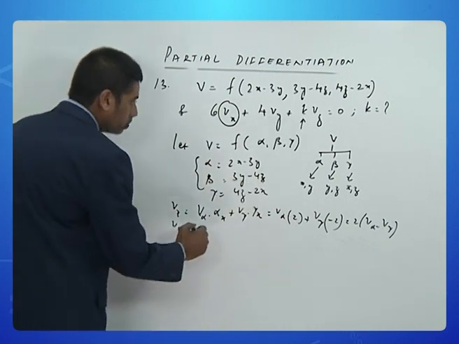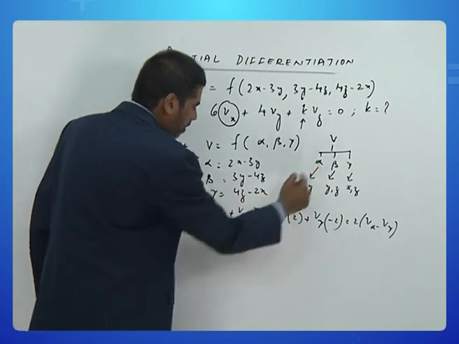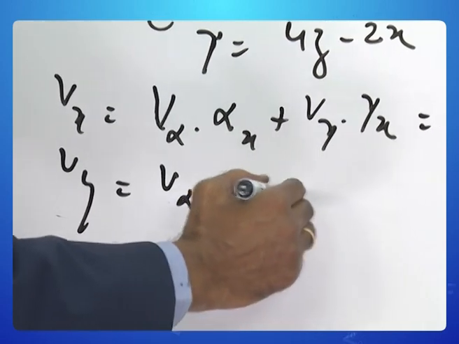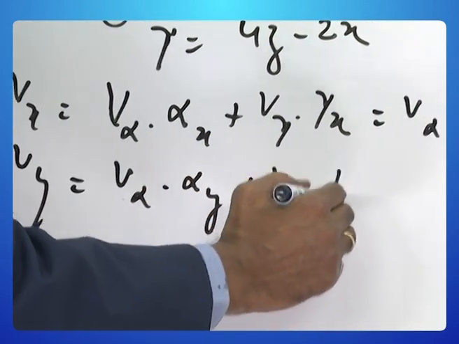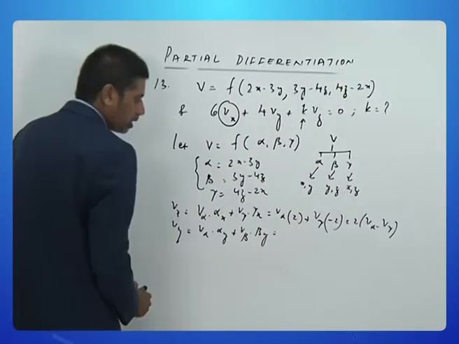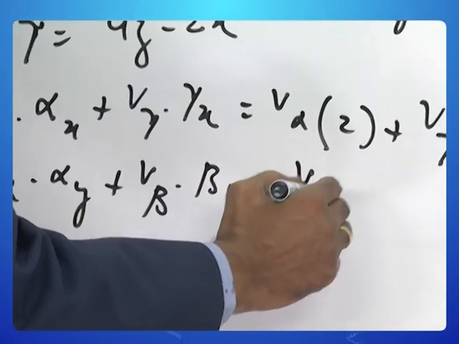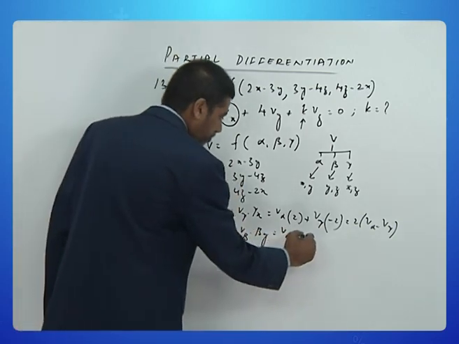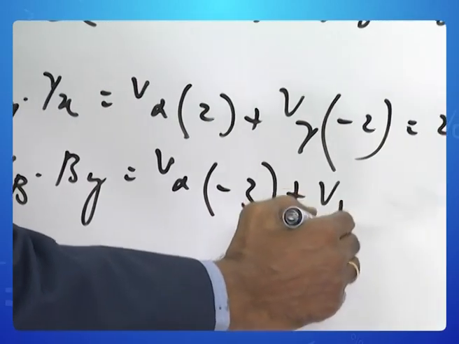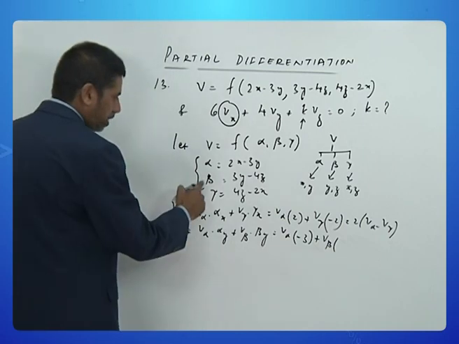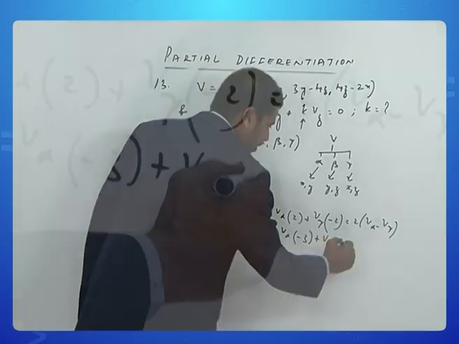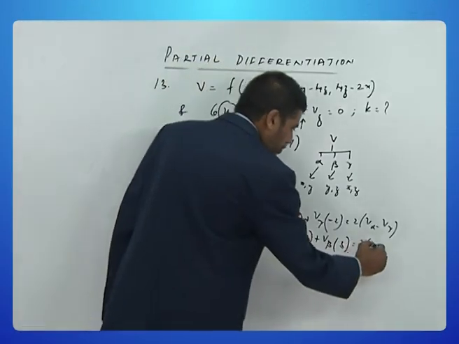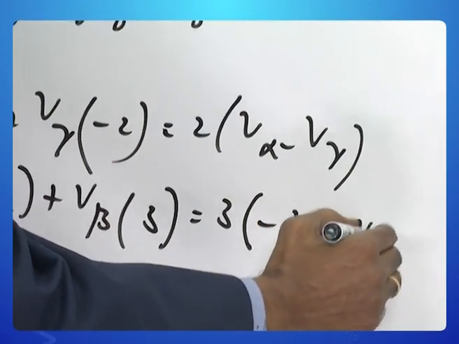Vy is equal to, y is present under alpha and beta. So, V alpha into alpha y plus V beta into beta y. So, this is V alpha into alpha with respect to y, which is minus 3, plus beta with respect to y is 3. So, we will have 3 common, minus V alpha plus V beta.